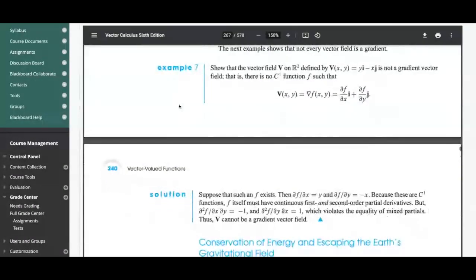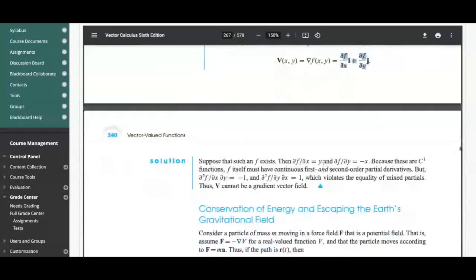Example: show this is not a gradient vector field. Right, take the gradient, we get y comma negative x. Because the first derivatives exist, f itself must have first and second order partial derivatives, which means the mixed partials have to equal each other.